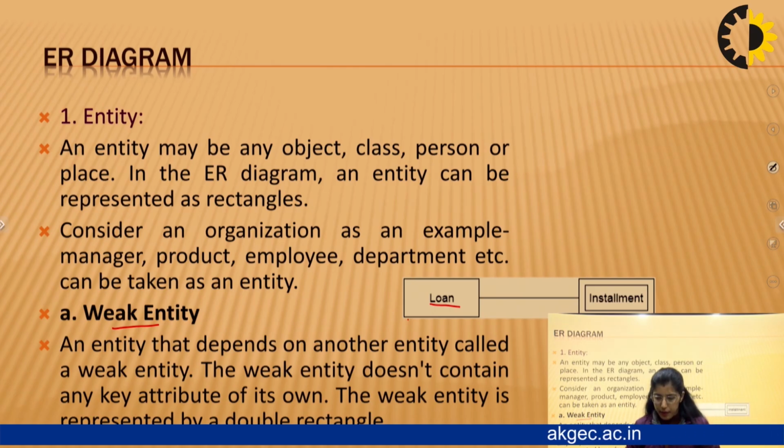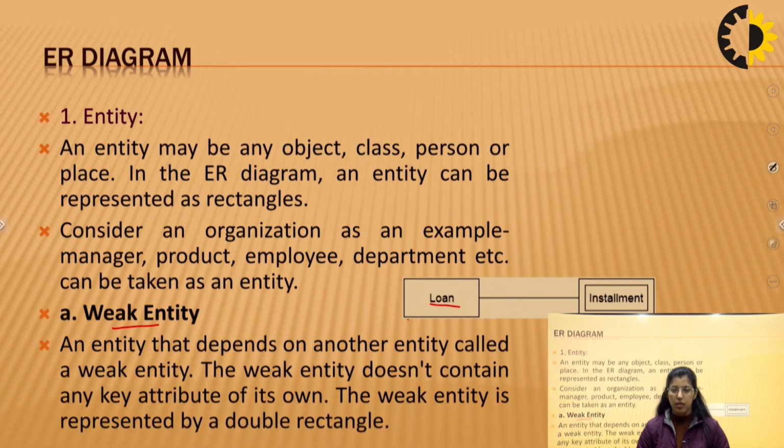For example, let's say we have a database where one of the entities is employee and some other entity like dependents. The dependent entity is highly correlated with the employee entity because in order to find a particular dependent, we need the employee ID as well. So, dependent can be considered as a weak entity here.